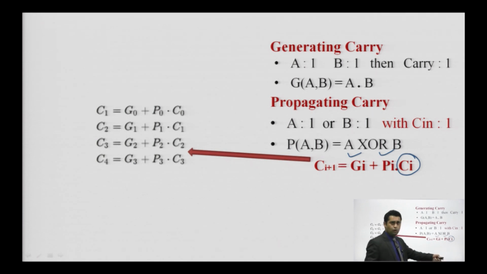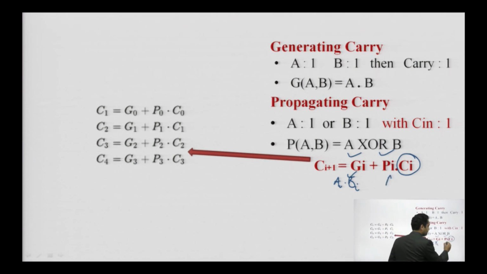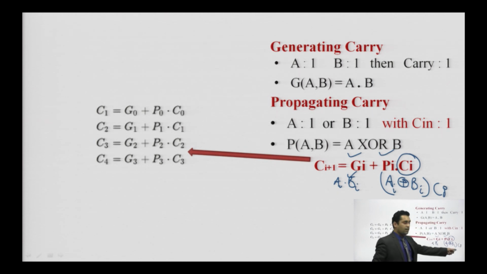You can also explain this generate and propagate function with the help of this, which is basically the AND of Ai and Bi. And what is Pi? Pi is basically Ai XOR Bi. Ci is the input carry, and A and B are the inputs.